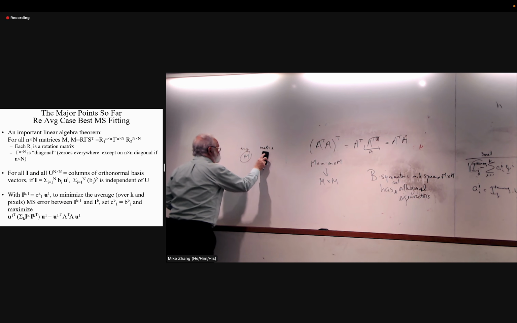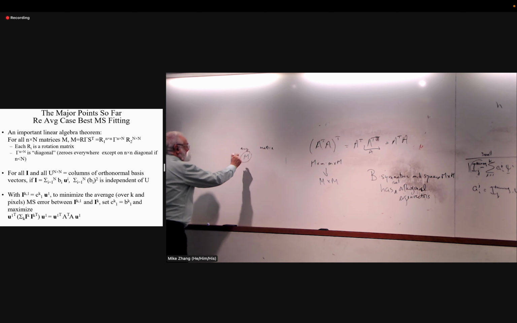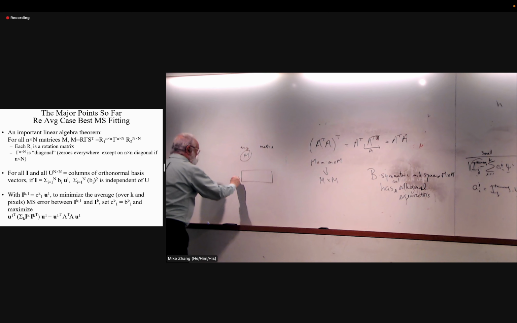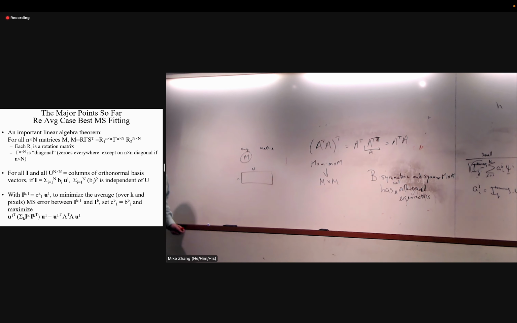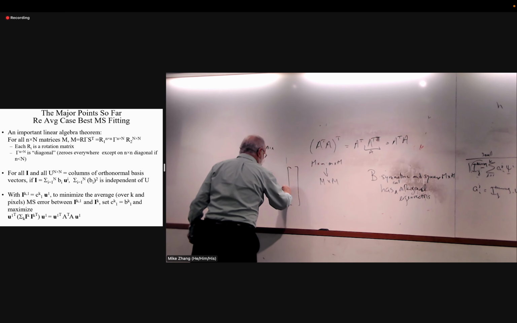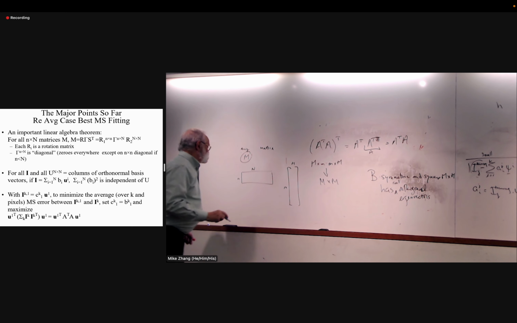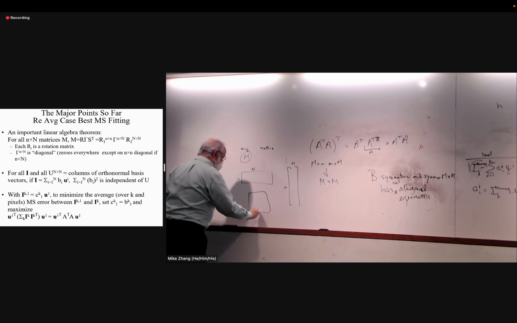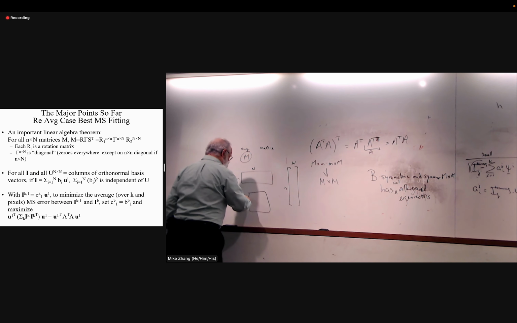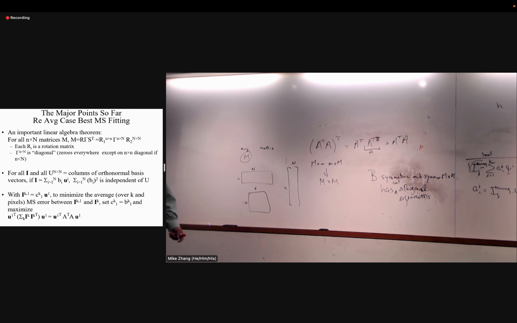We are going to be dealing with symmetric matrices, but I'm talking about any matrix M, which is going to be little n by big N. Little n could be smaller than big N, or little n could be equal to big N in a square matrix.